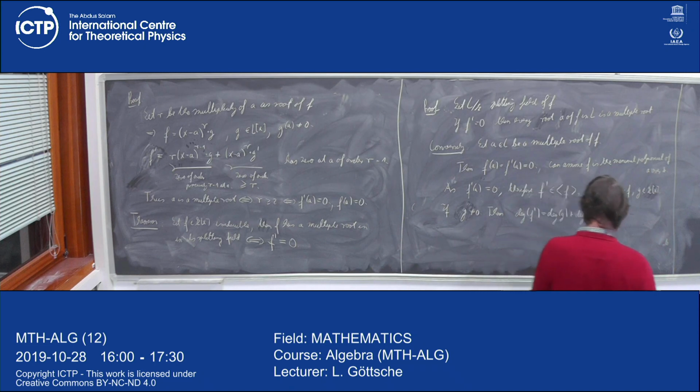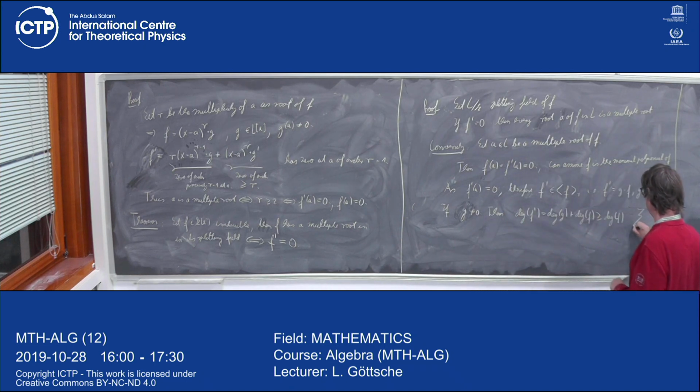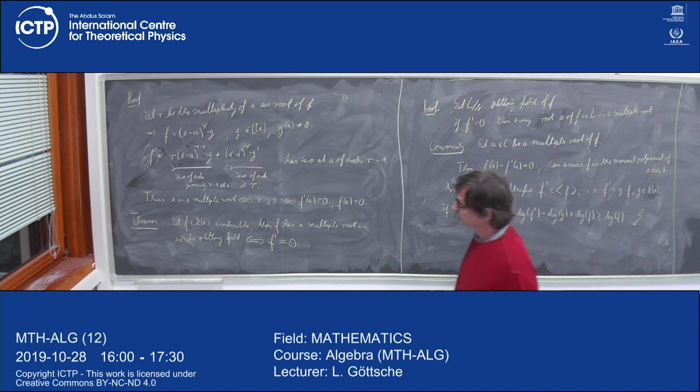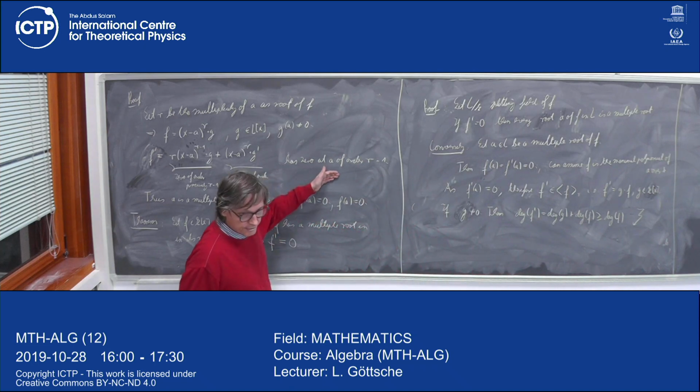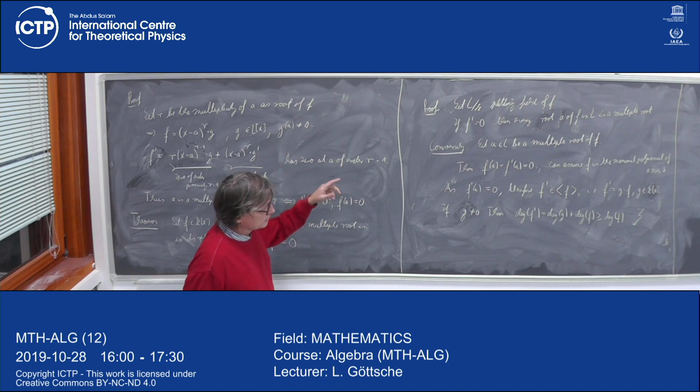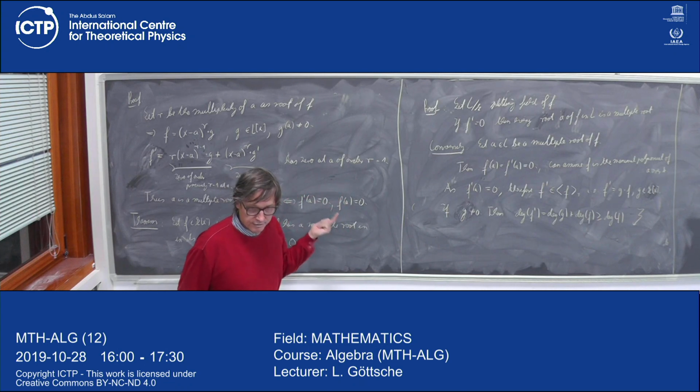But this is a contradiction, because by definition, you just have some a_i x^i sent to i times a_i x^(i-1). So we see that the degree of f prime is at most one smaller.